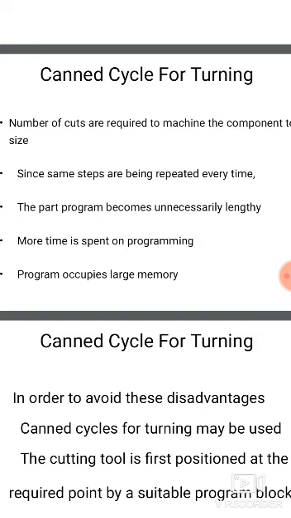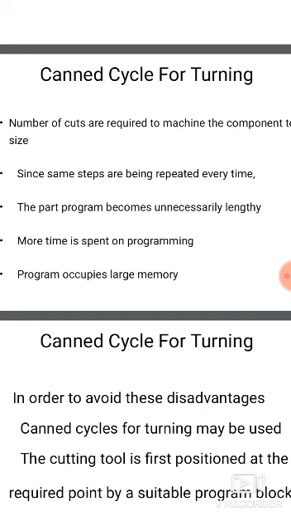Okay. The following example is a canned cycle for turning: N01, G90, G71, G94, end of the block. Then block N03, G00, X30, moving in the X axis I am giving X30, Z is equal to 30, next end of the block.